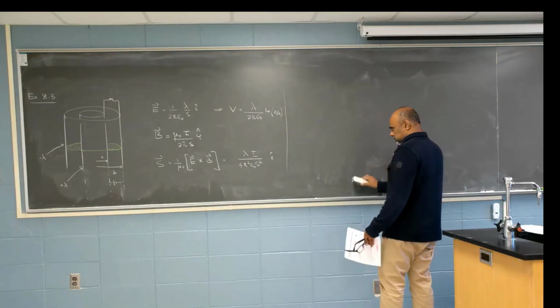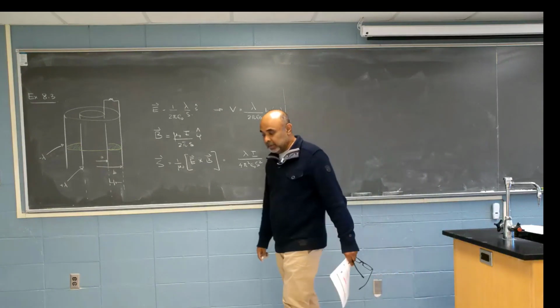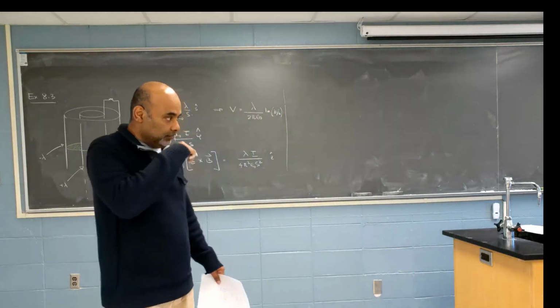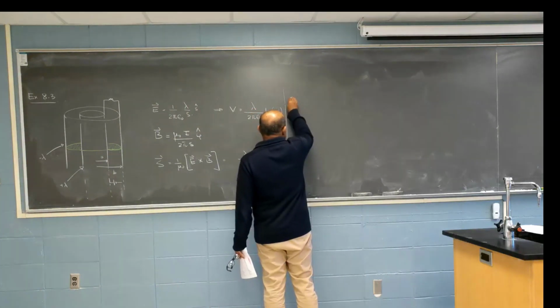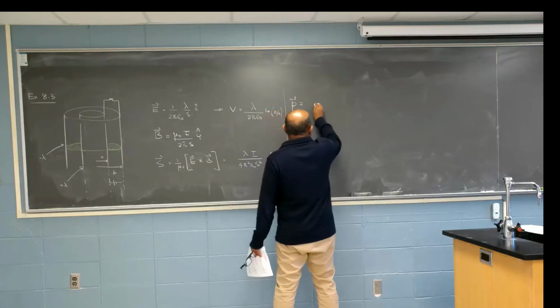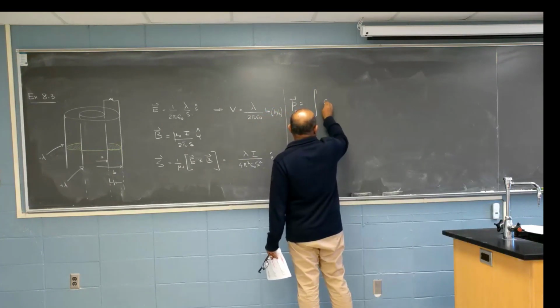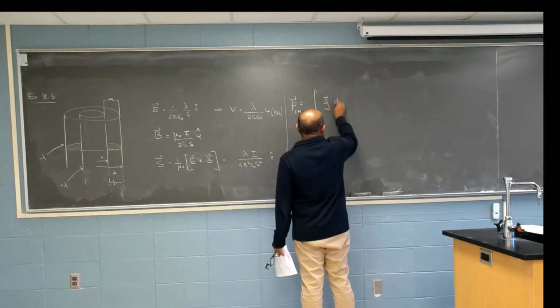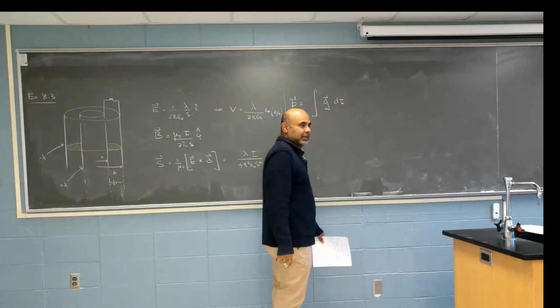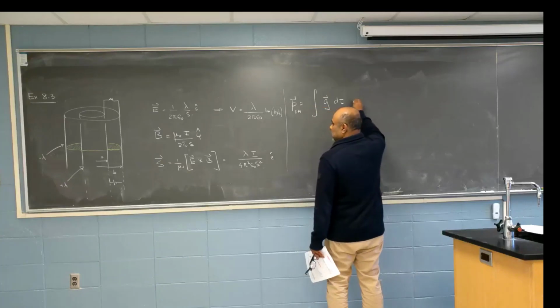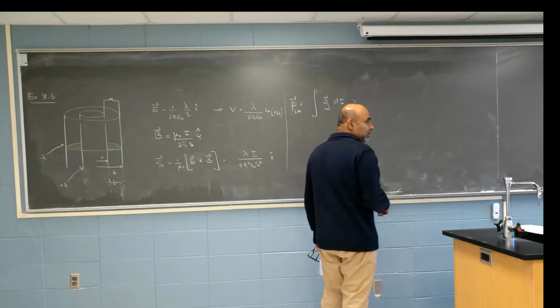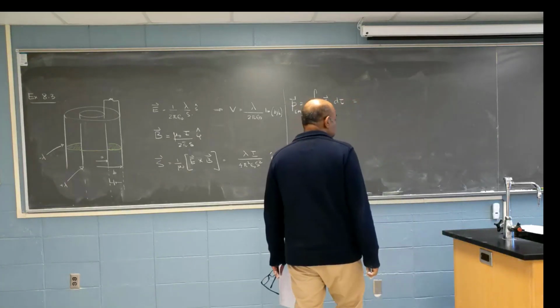Let's compute, sorry, the total momentum. Momentum of the field, EM, is, what is it? It is G d tau, momentum density d tau. Correct? What is it?